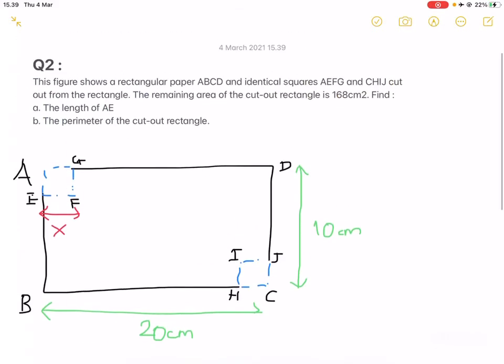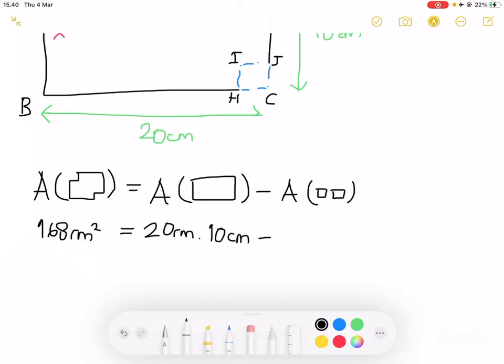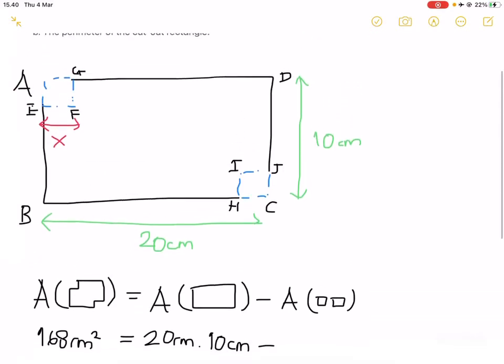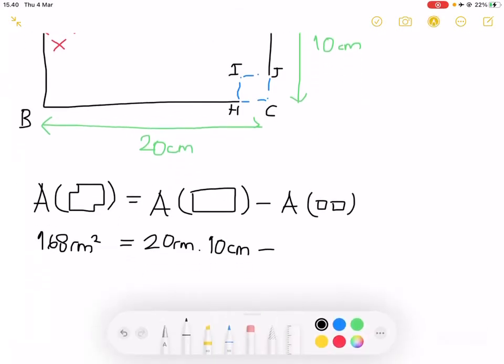So since we know the area of the cutout rectangle is 168 centimeters squared, and the area of the rectangle is just length times breadth, which is 20 centimeters times 10 centimeters, minus the area of the two squares, which is the area of one square, x squared, plus the area of another square, which is also x squared, which makes this 2x squared.